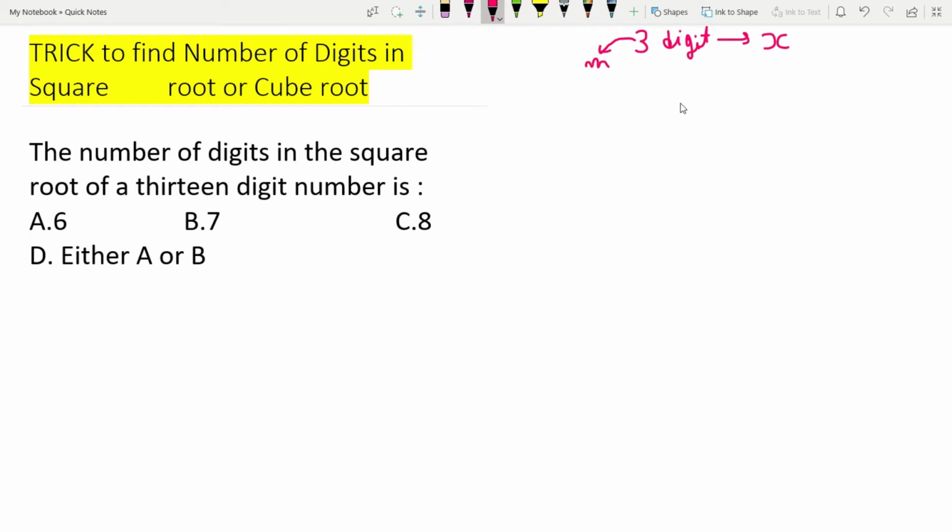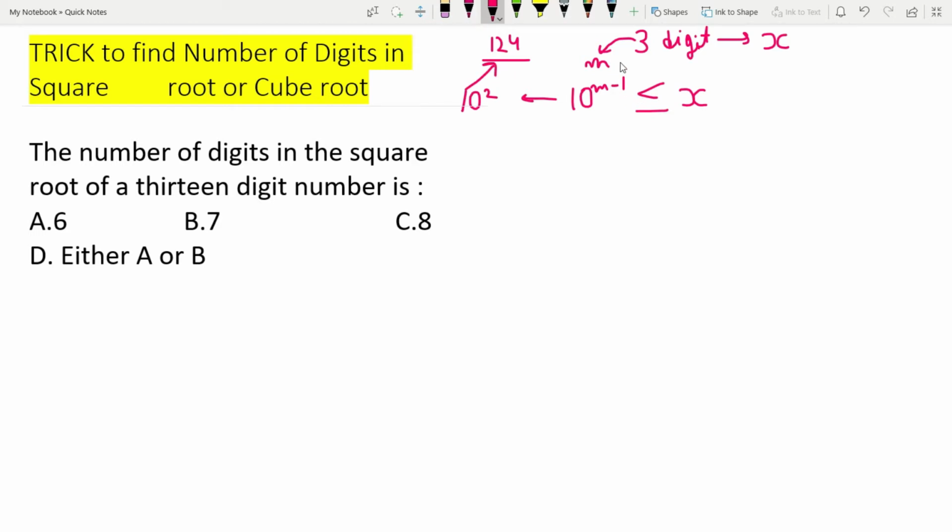In that case, what will x be? x will definitely be greater than or equal to 10 raised to the power m minus 1.